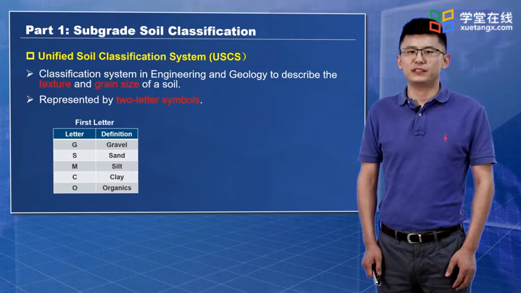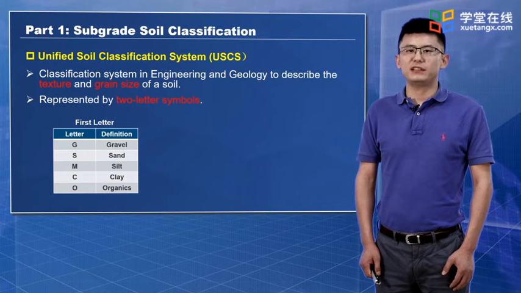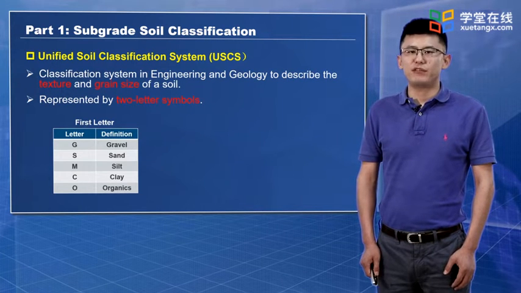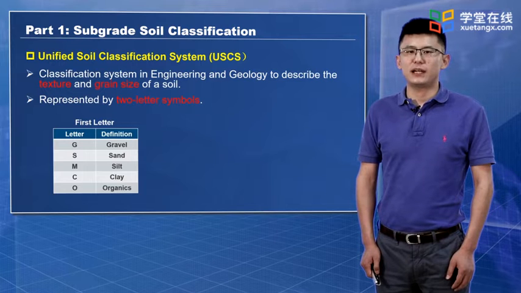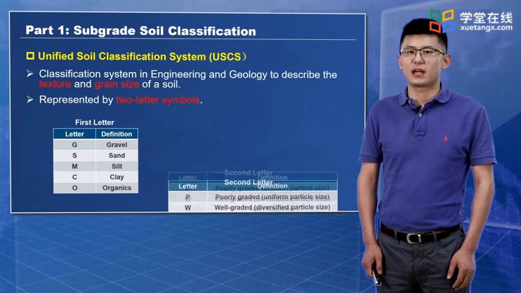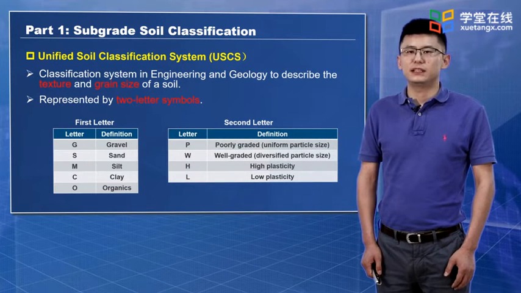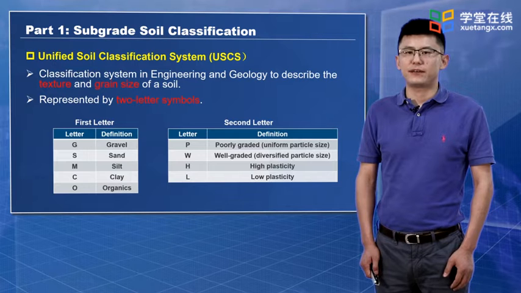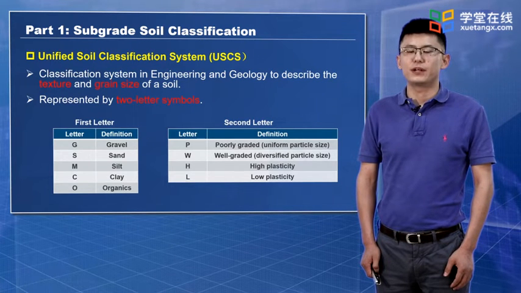For example, the first letter is usually denoted by G, S, M, C, and O, which respectively stand for gravel, sand, silt, clay, or organics. The second letter is usually denoted by the gradation and the plasticity. For example, they can be represented by P, W, H, and L.